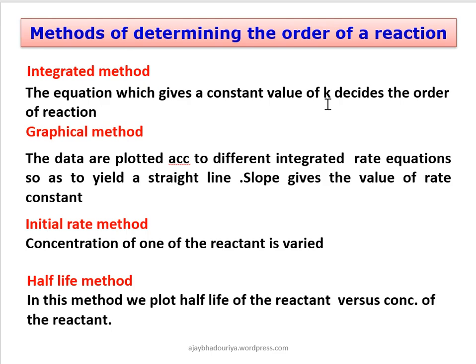In the graphical method, by plotting the graph, we can determine the order of reaction. In the initial rate method, the concentration of one of the reactants is varied. In the half-life method, we plot half-life of the reactant versus concentration of the reactant.